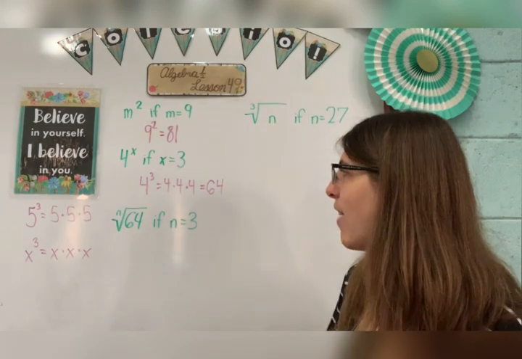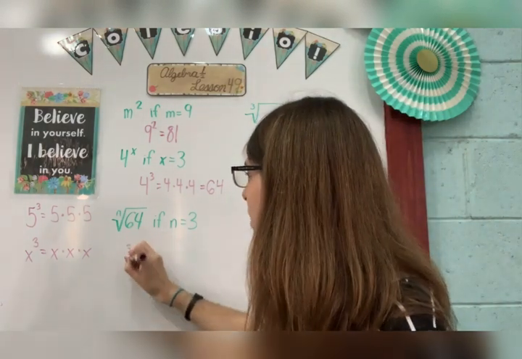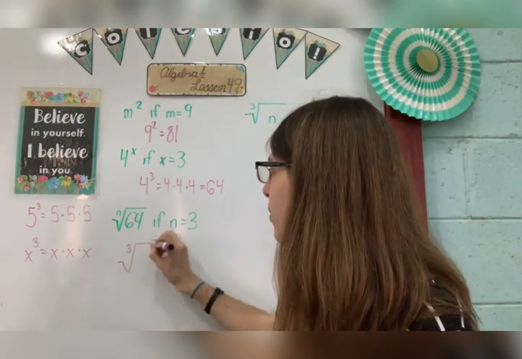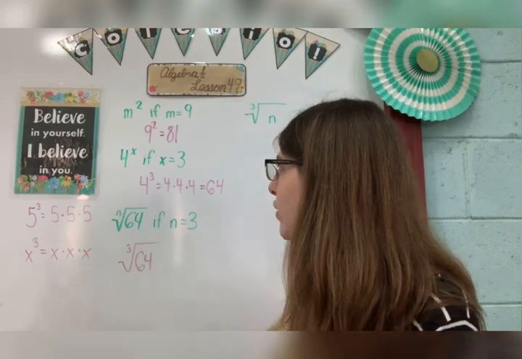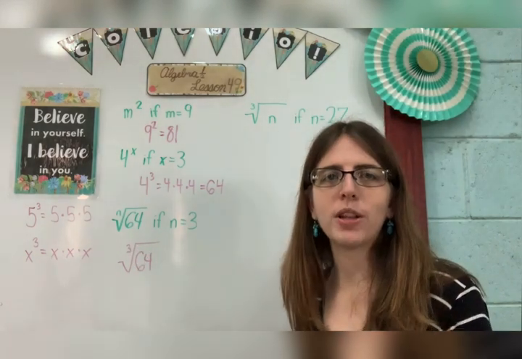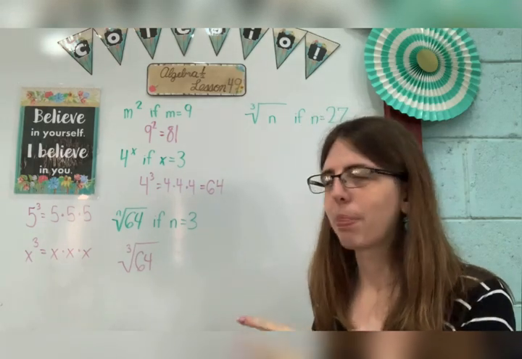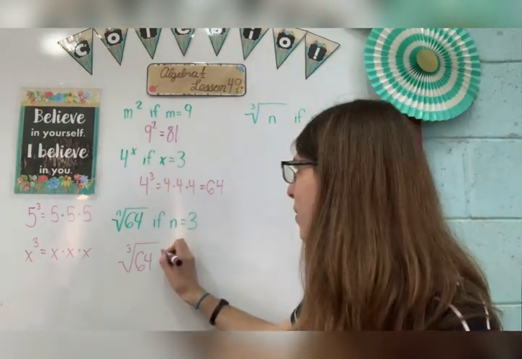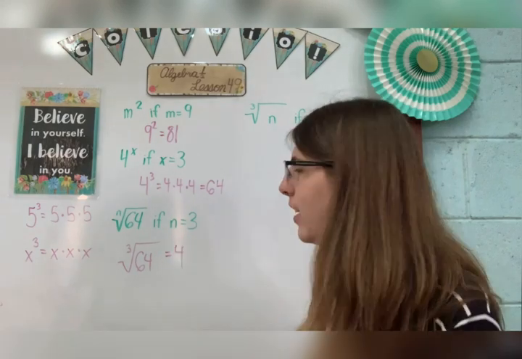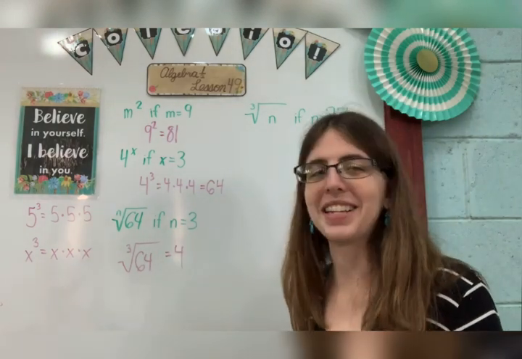Well, it says if n equals 3. So I'm looking for the cube root of 64. I'm looking for the number that when I multiply it by itself 3 times, I get 64. Well, I just learned what that one was, that it's 4. So there's your answer, nice and easy.